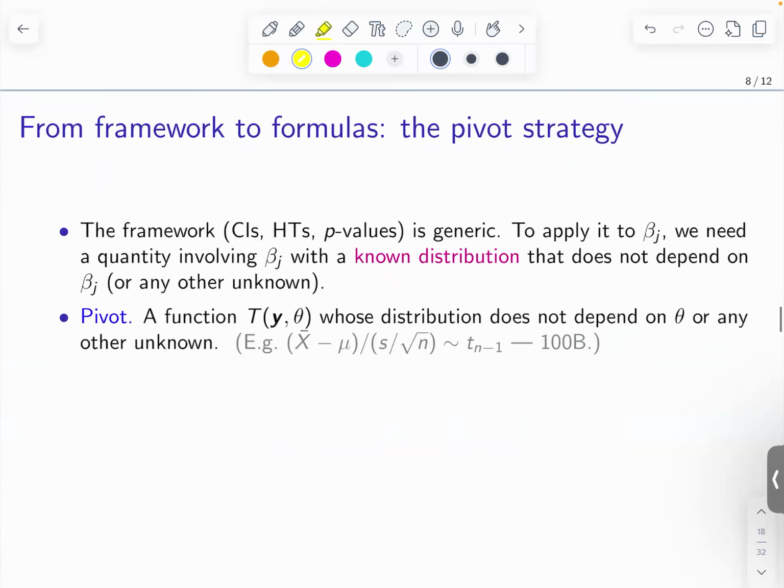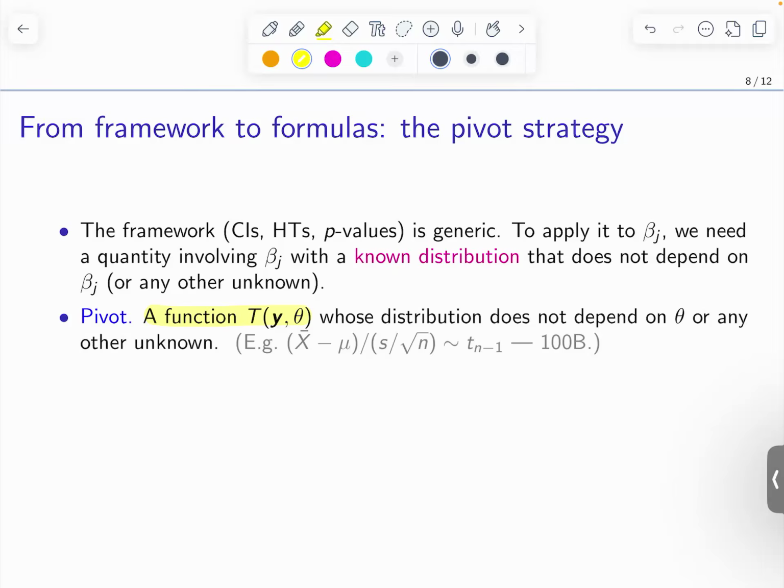These things are called pivots. A bit more precisely, a pivot is a function of both the observation and the unknown parameter, whose distribution does not depend on the unknown parameter. It's different from a statistic in that a statistic cannot depend on the unknown parameter itself. A pivot can; however, its distribution cannot.